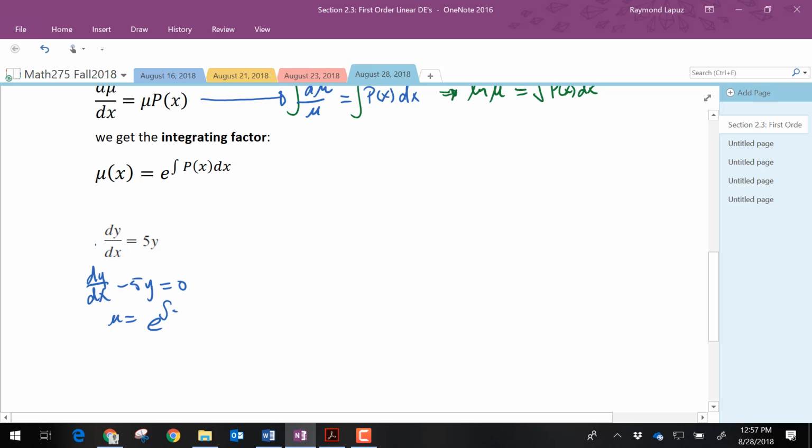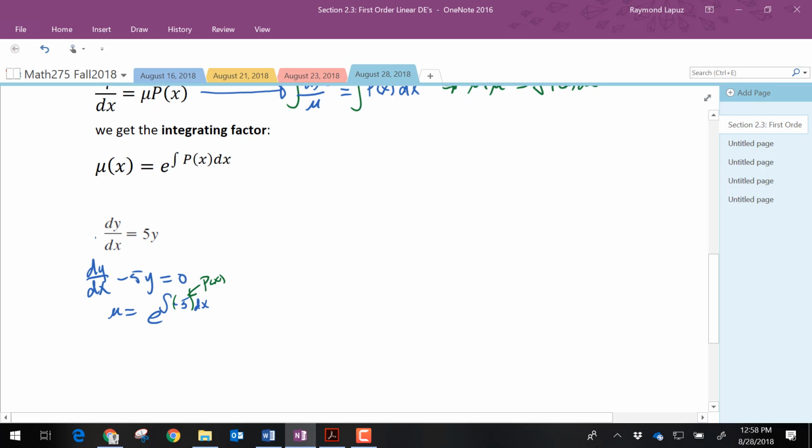So let's keep the negative signs there because that will be important for us, right? dx. That's your p of x function. And then we're going to get e to the -5x. So that's your integrating factor.